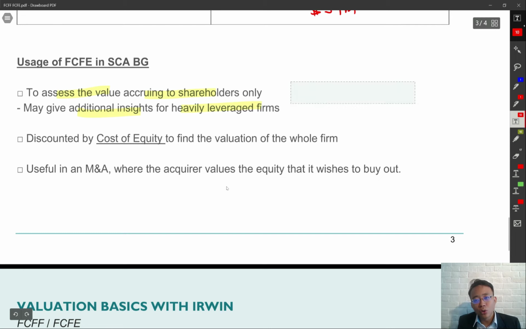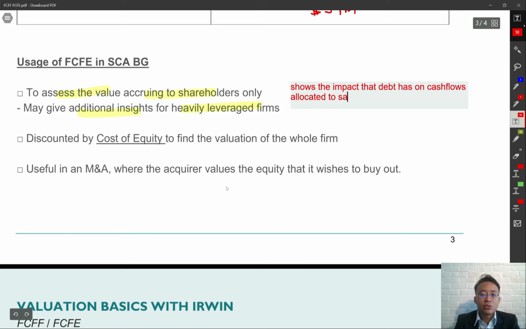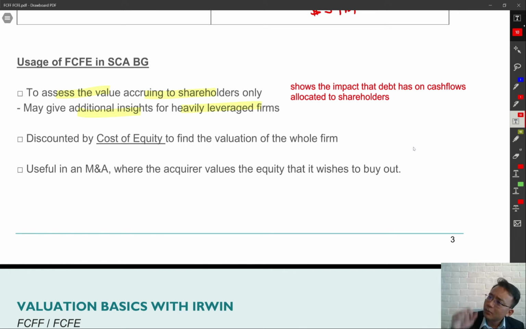It shows the impact that debt has on cash flows allocated to shareholders. So I would like to see, based on the debt this company is taking, how does it affect my final cash flows as a shareholder? FCFE will give you a good look at this.